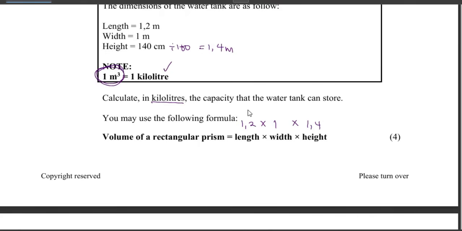And the answer became 1,68 meters cubed. But they have told you if you have 1 meter cubed, you have 1 kiloliter. So simply meaning our capacity is 1.68 kiloliter.